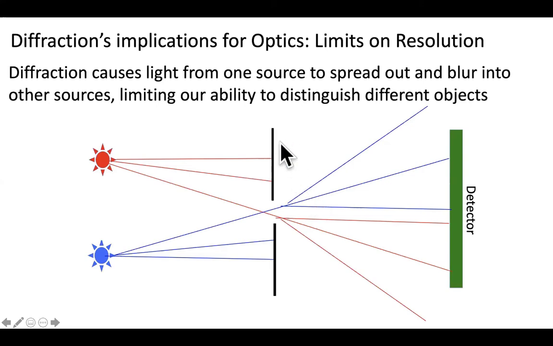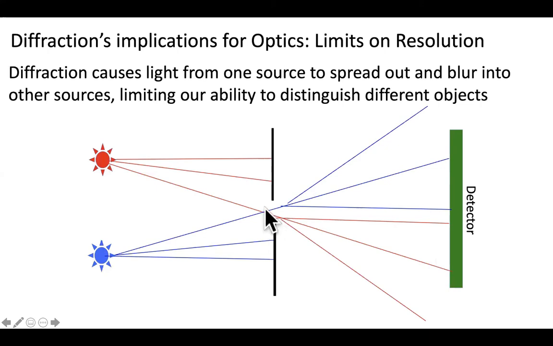And one of the simple ways we talked about was just to put an aperture, just to put a hole in an opaque sheet of cardboard in front of the detector. Then light from one source only hits the upper part of the detector. Light from another source only hits the bottom part of the detector.